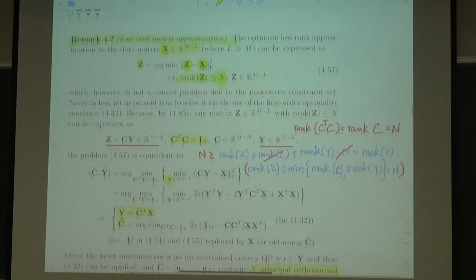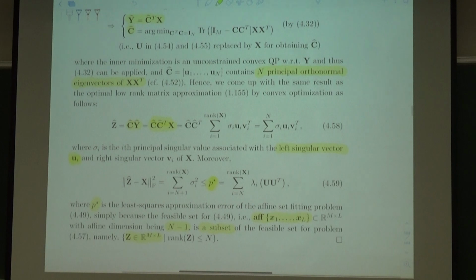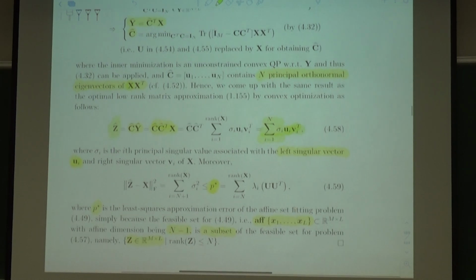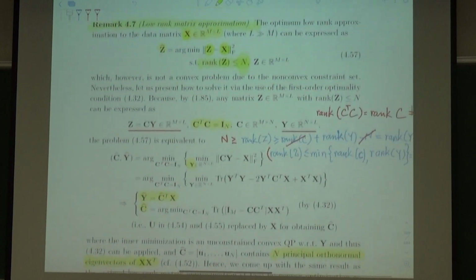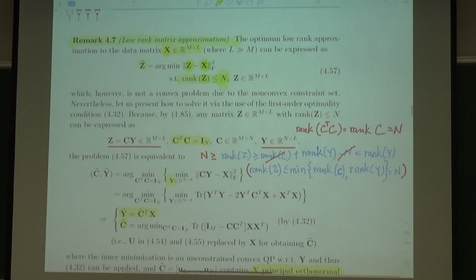That's the solution. This is U_i, V_i, and sigma_i, the singular value, left singular vector, and right singular vector of X. This is well known. But the way we solve it is using convex optimization rather than linear algebra.